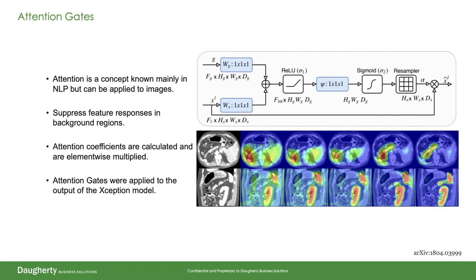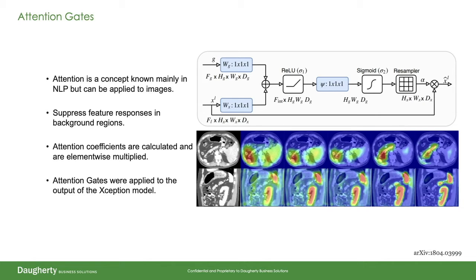For images, instead, it kind of creates a heat map. The heat map highlights to the network, or your eyes, what are the important parts of the image that I need to care about. How does it do this? It creates attention coefficients. Each coefficient is applied to a pixel, and it highlights how important that pixel is.